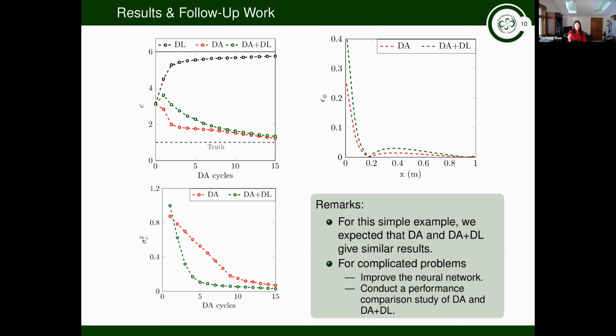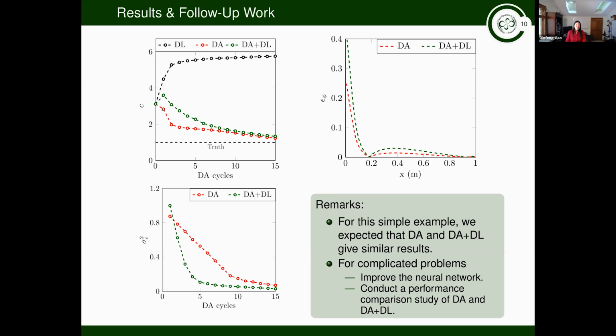Just doing deep learning based on the ensemble, we estimate the parameter. As you can see, over this time, it converges to values much higher than the true value.